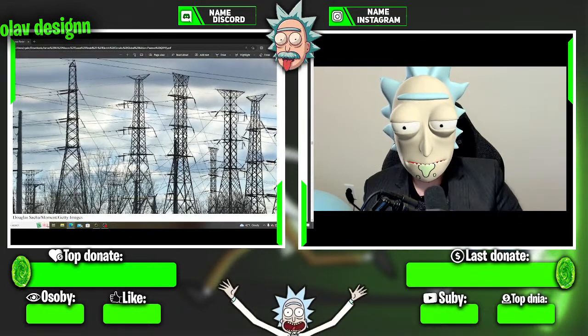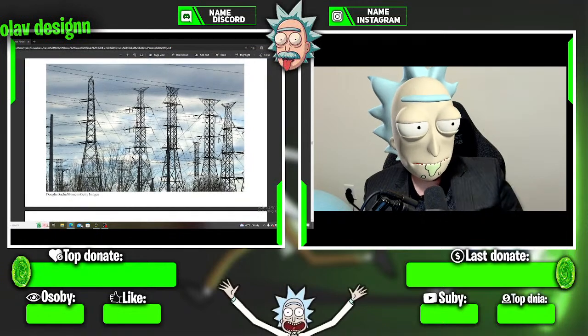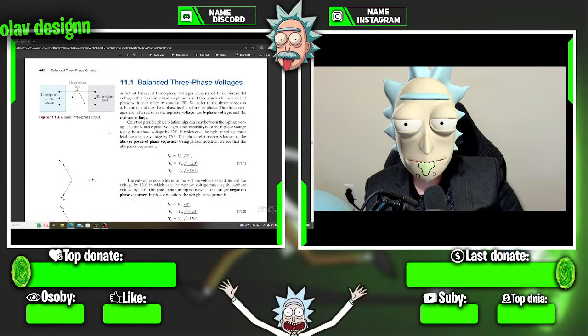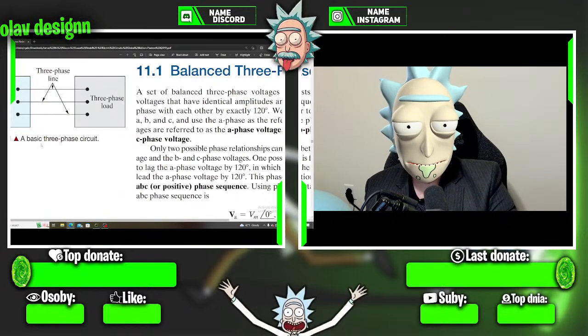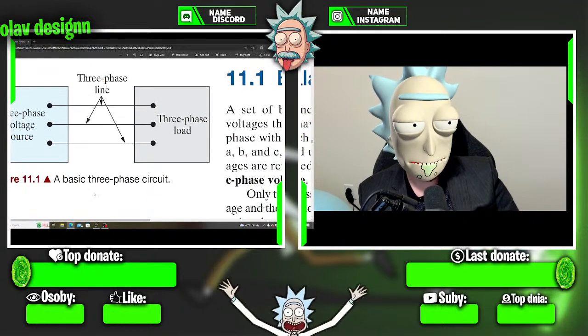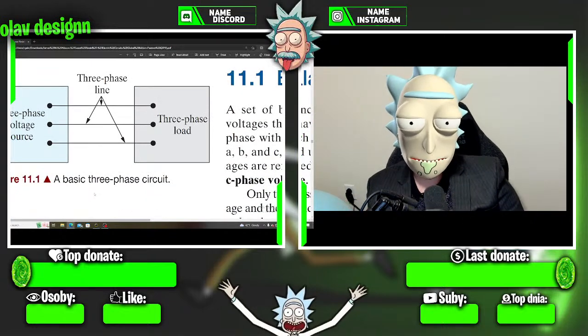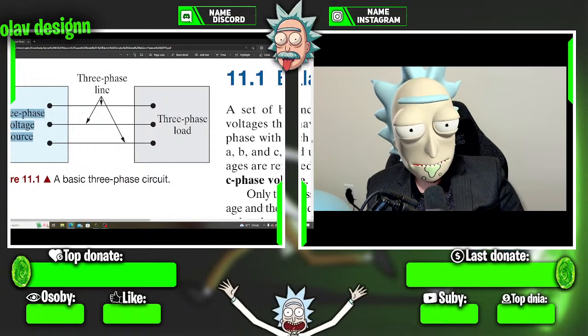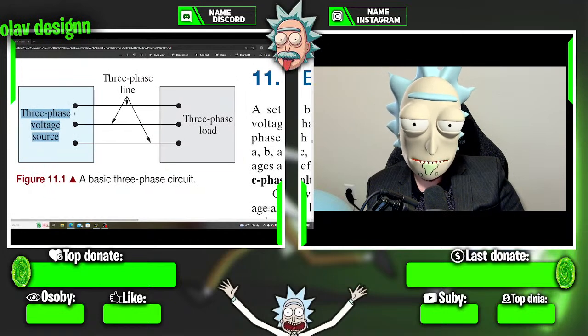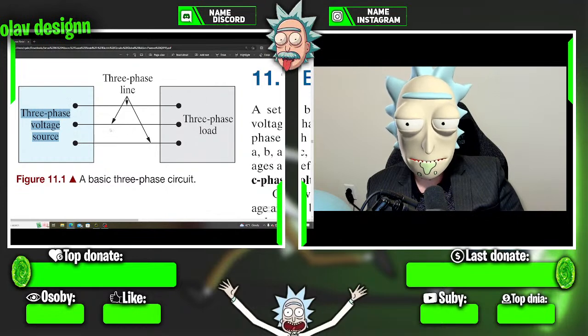We're all familiar with this, right? You've seen this before. So, back to the image of the system. You start off with a three-phase voltage source. These lines represent each phase.